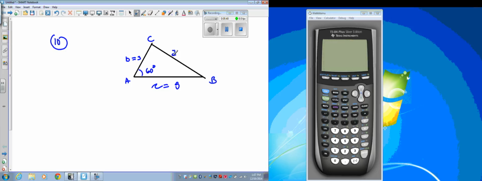Now, if you do the side, then the formula you're going to use is a squared equals b squared plus c squared minus 2bc cosine of A. If you look back, you have the three choices, and if you're going to find a, then it's got to be that one.